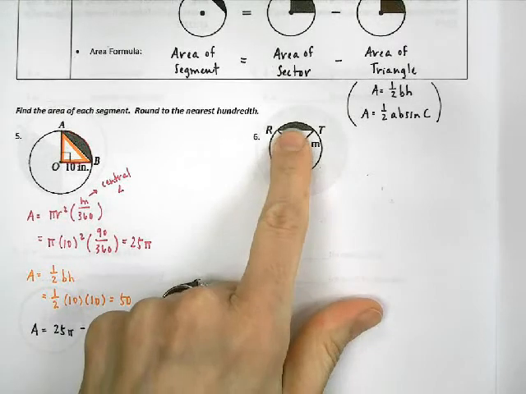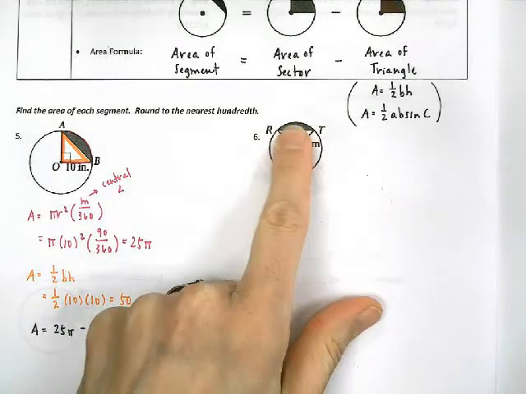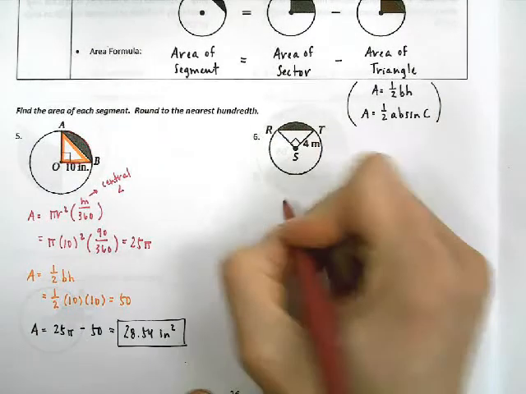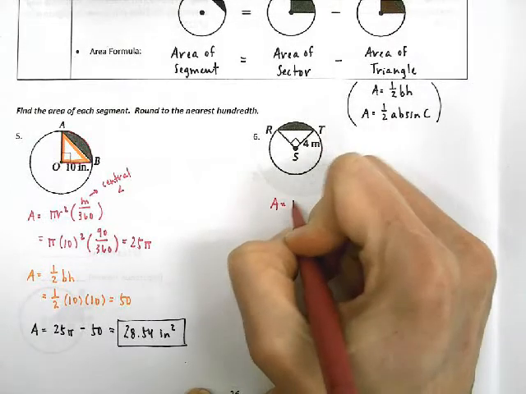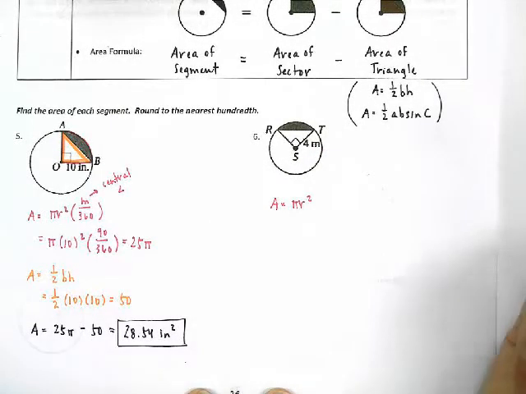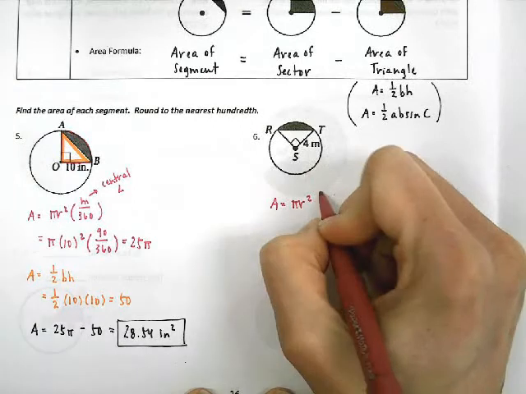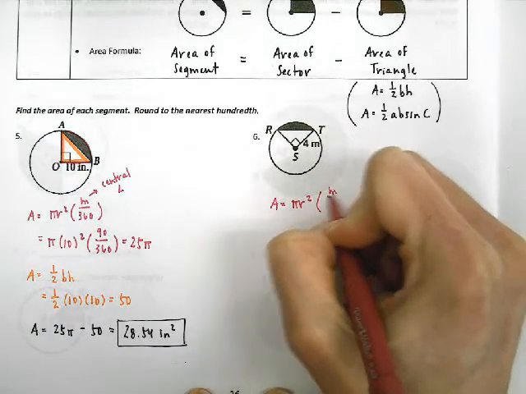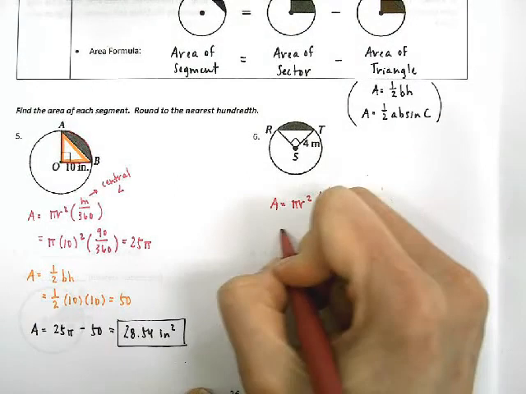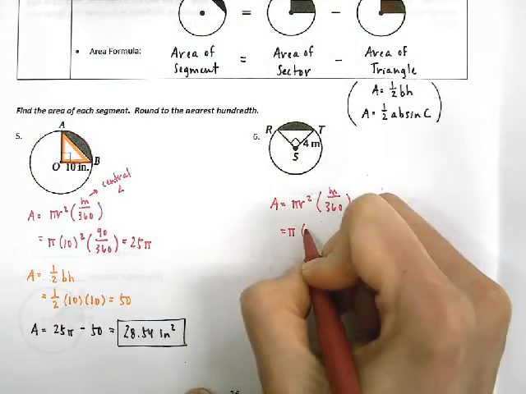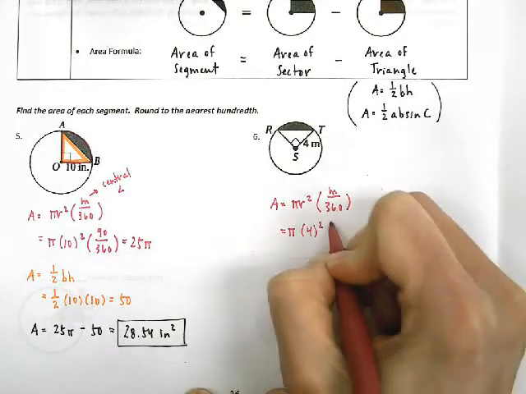So again, we're trying to find the area of the shaded segment here. So we know we're going to start off with the area of the sector. Again, the area of the sector is the area of the whole circle, and then we're just taking that fractional part, times m over 360. So now my radius is 4.